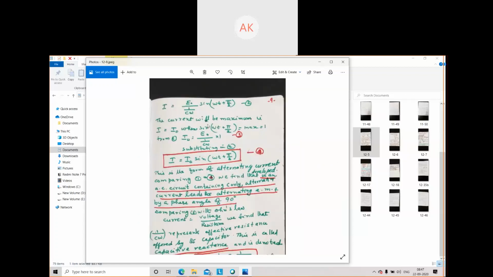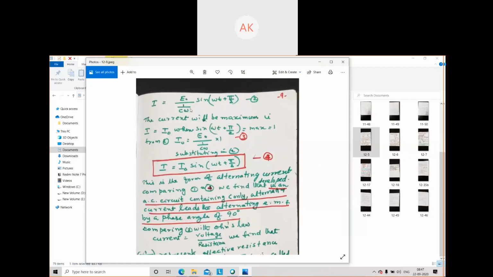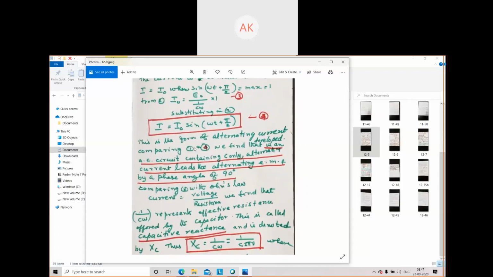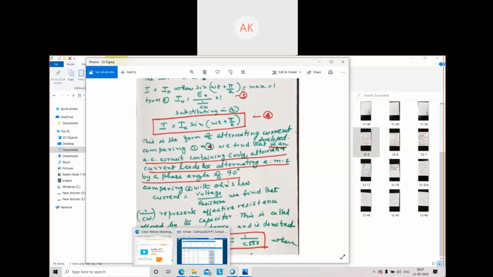And this 1 by C omega is taken as the opposition offered by a capacitor to AC, the capacitive reactance. It is denoted by the letter XC. You can see, XC equal to 1 by C omega. Omega equal to 2 pi into nu. Nu is the frequency of AC. Do you know what is the frequency of AC we are getting in our home? Frequency of AC?